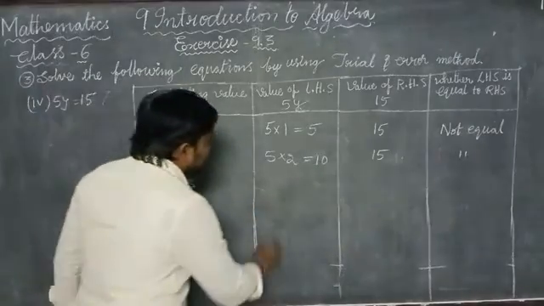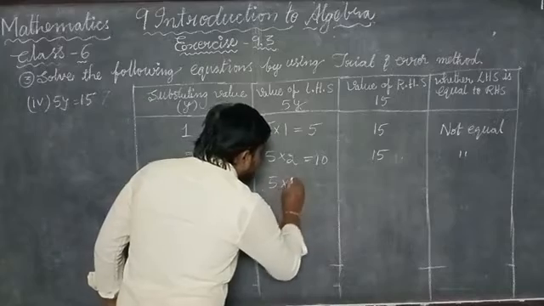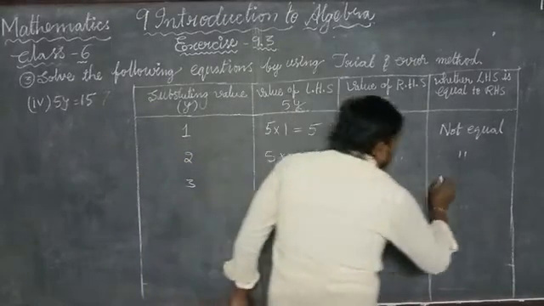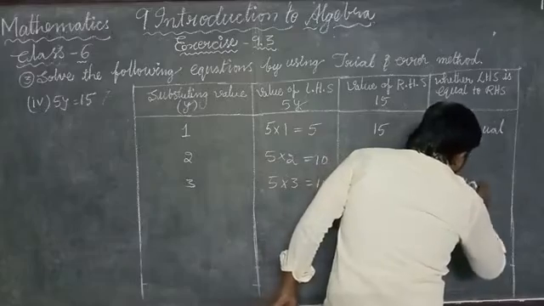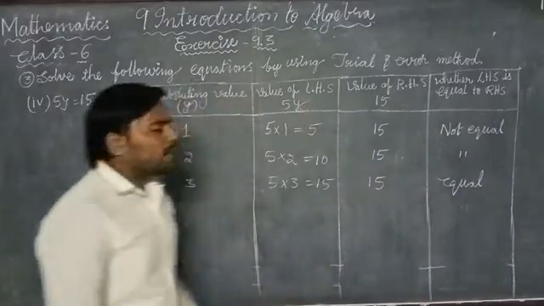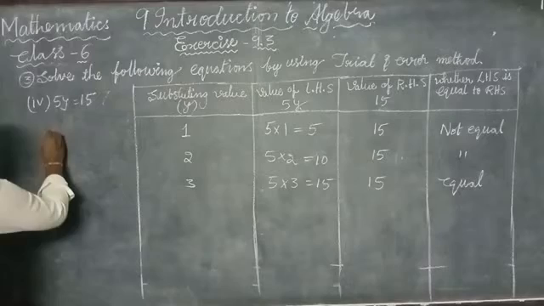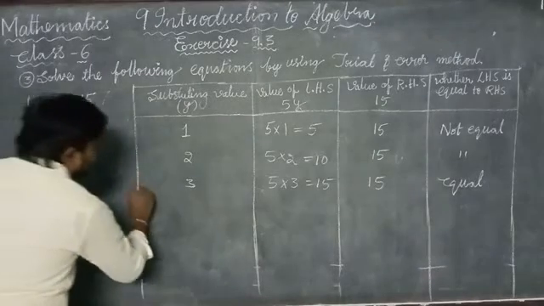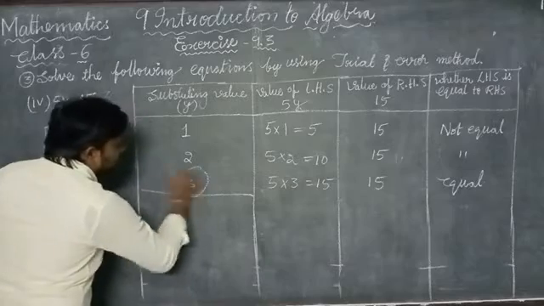Then let us assume that the value of y is 3, then 5 into 3 equals 15. Here 15 equals 15, so it is equal. The solution of the given equation is y equals 3.